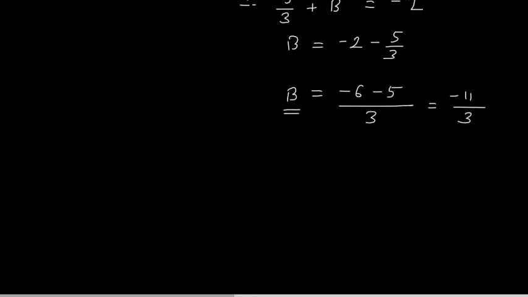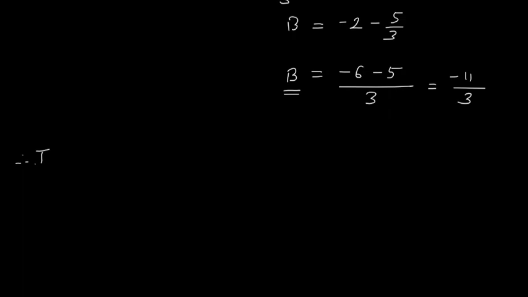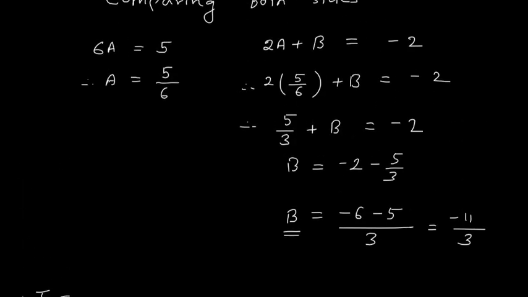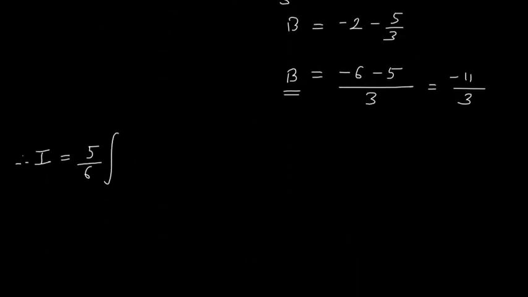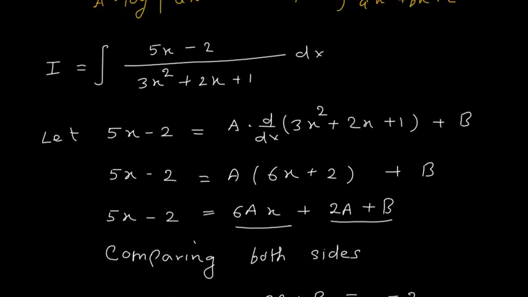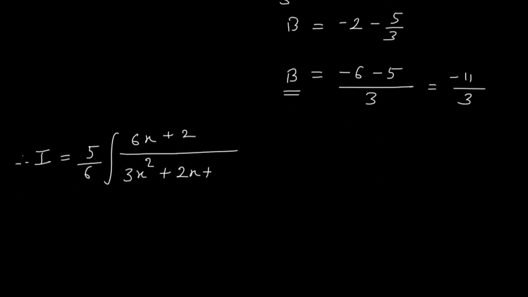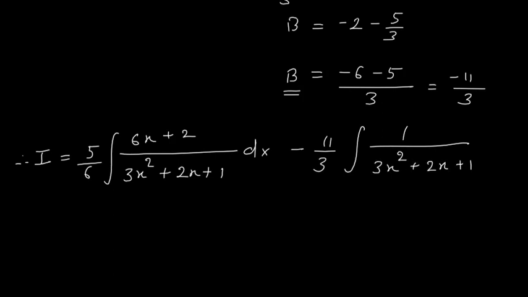So therefore our integration I is equals to a, which is 5 upon 6, then the integration of the derivative of the denominator, that is 6x plus 2, whole divided by 3x square plus 2x plus 1, dx, plus b, that is minus 11 upon 3, times the integration of 1 upon 3x square plus 2x plus 1, dx.